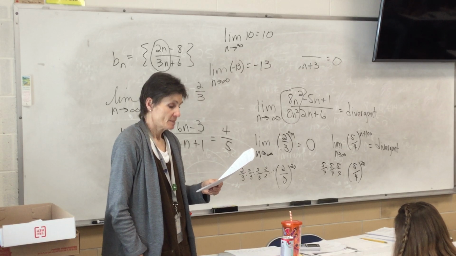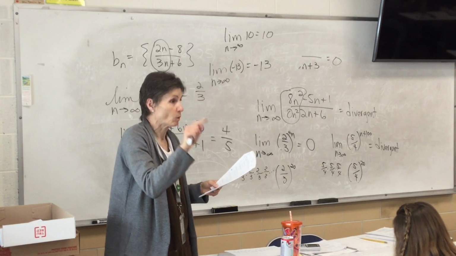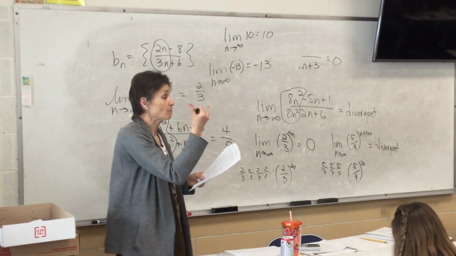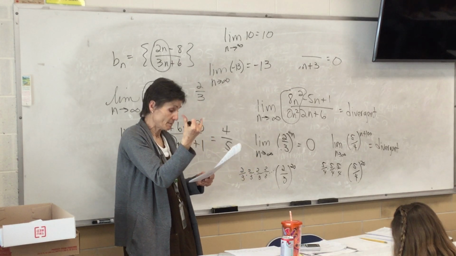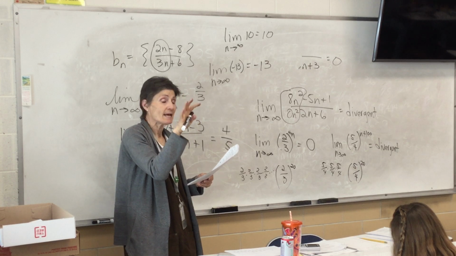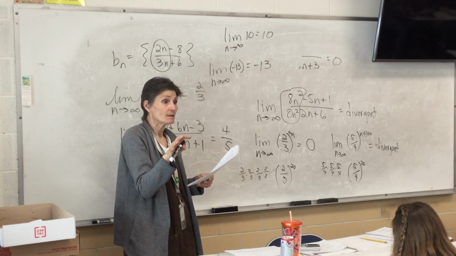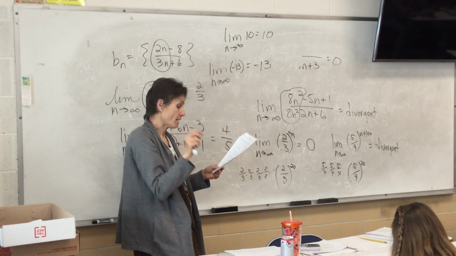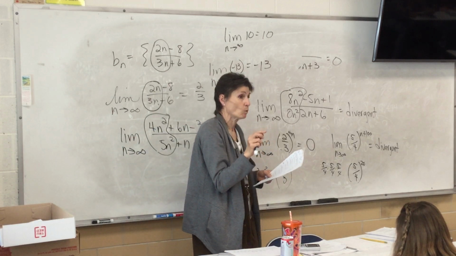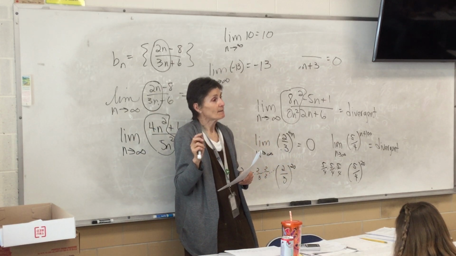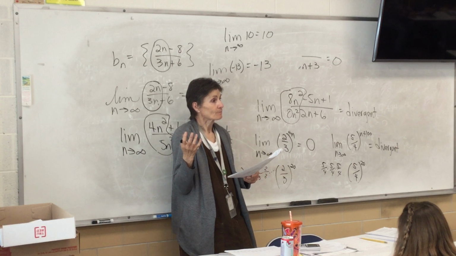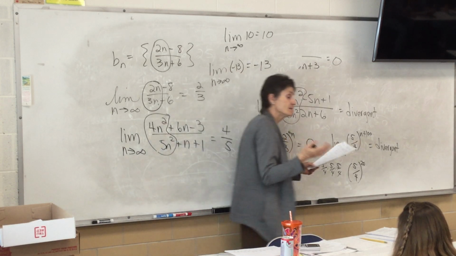Negative 3/4. Because even though I wrote the problem backwards in the bottom, it's always n over n, right? So the answer to 4A is -3/4. Would you look at that and make sure that makes sense to you? You okay with that?